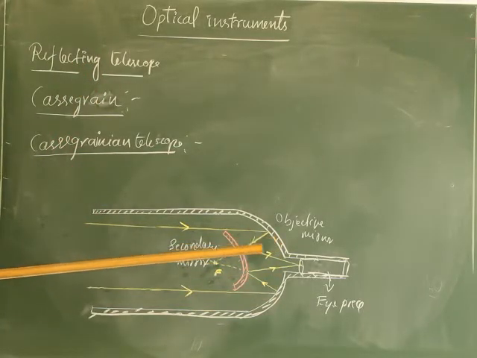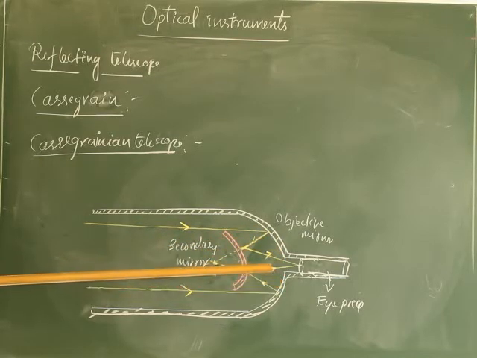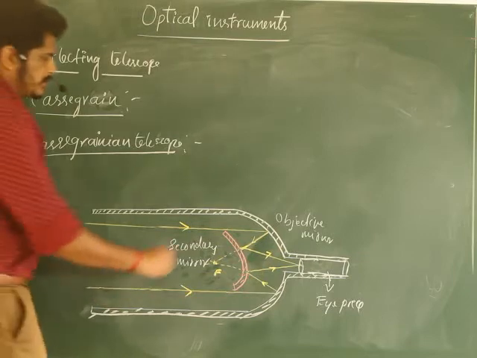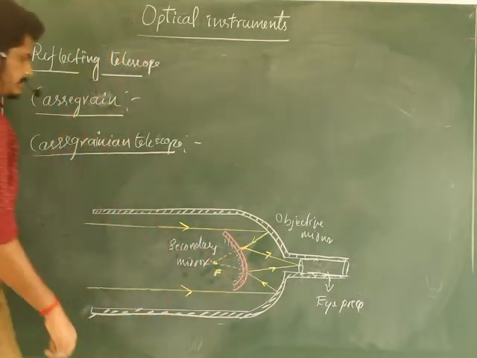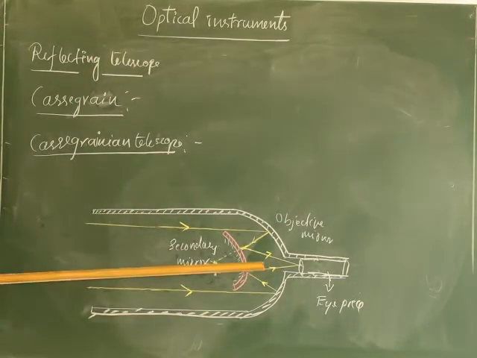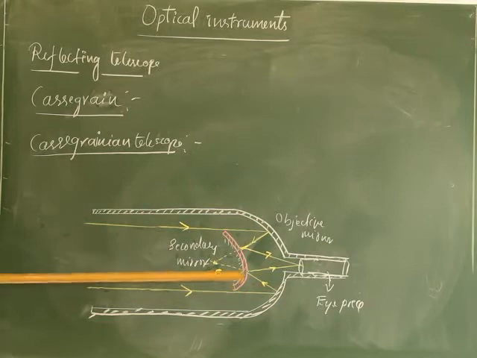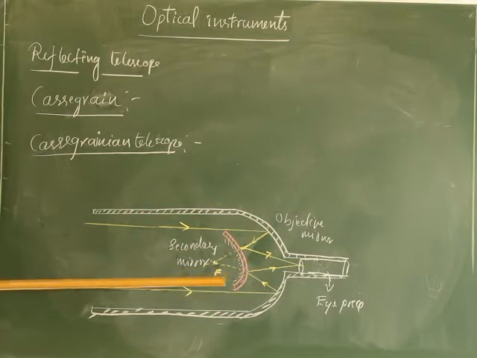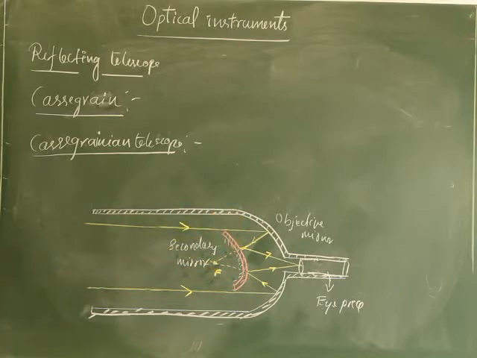So once it strikes, it gets reflected again, because this side is a reflecting surface. Can just show like this in order to make it more clear, and they are actually received by the eyepiece. So what happens here is that the image looks like it has come from this particular point because of reflection. So this is the technique of the Cassegrain telescope, which is a reflecting telescope.